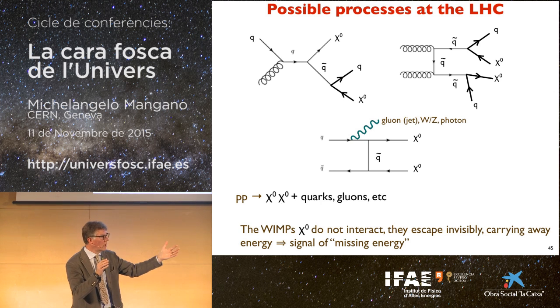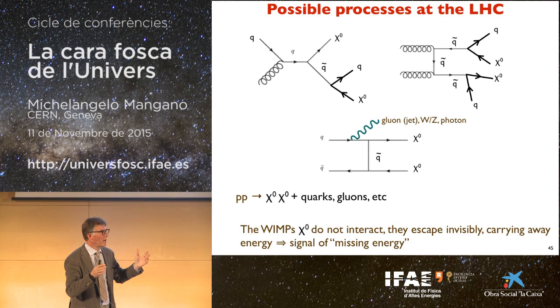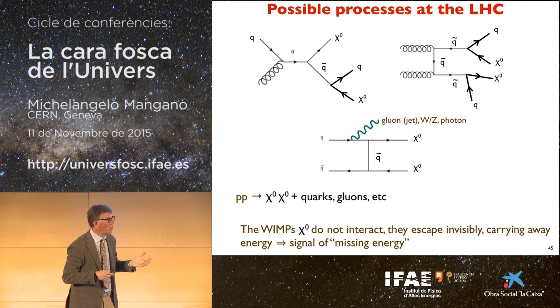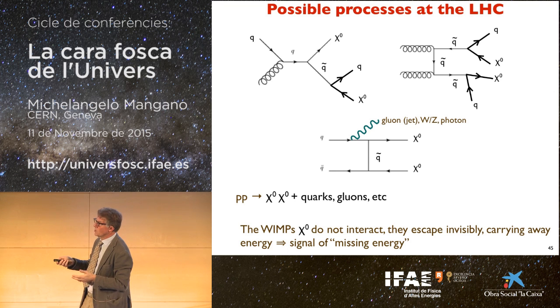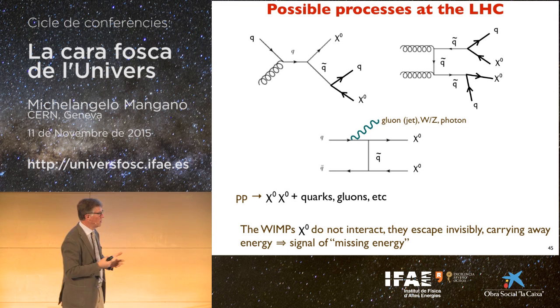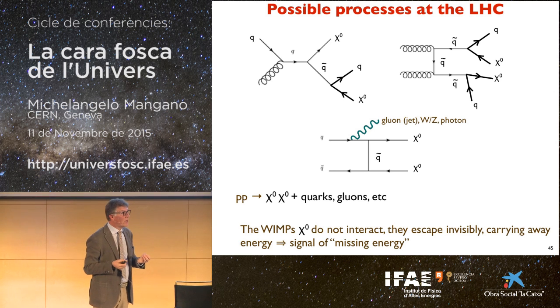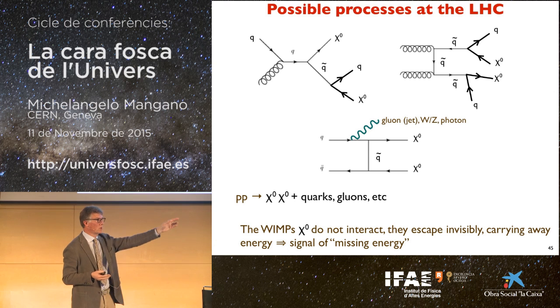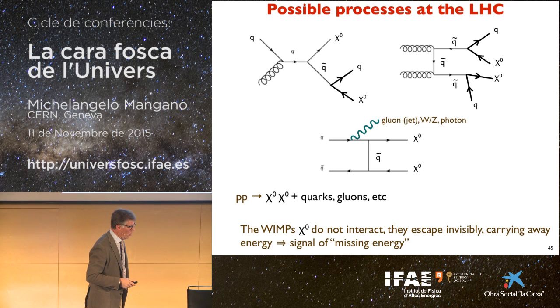So to go through them, you really must be very, very weakly interacting. Otherwise, everything gets stopped. With a laser, I cannot go across that wall, right? I will get stopped. But dark matter interacts very weakly because we don't see it. And therefore, it would really go across the steel walls of the detectors.